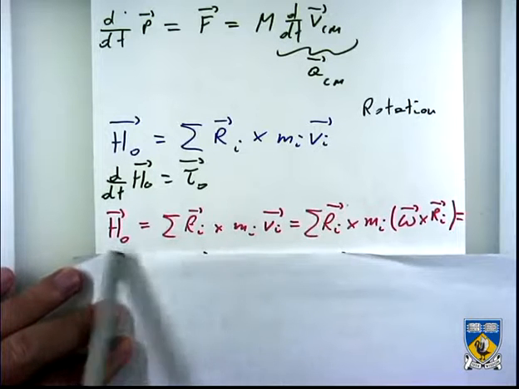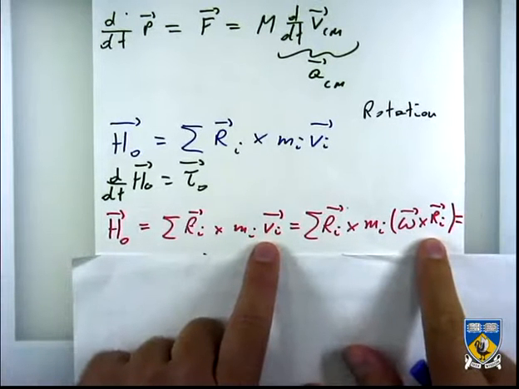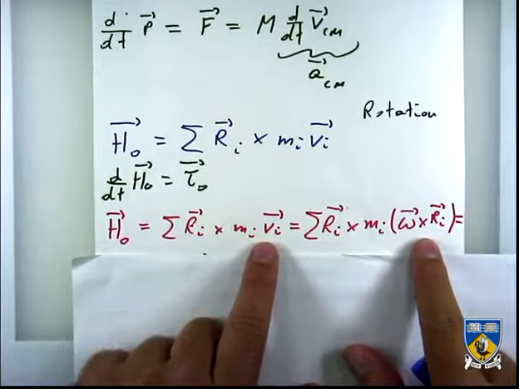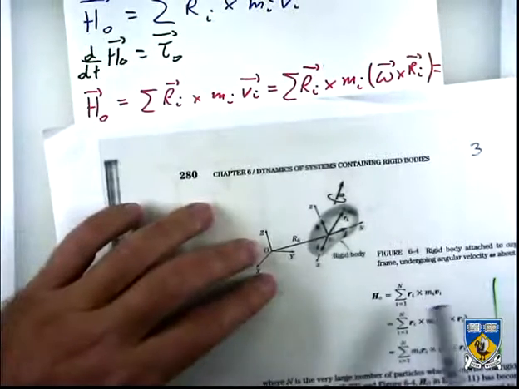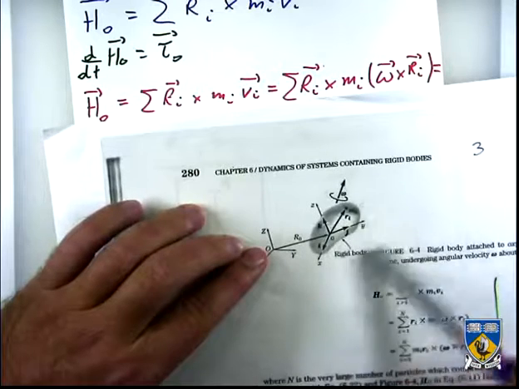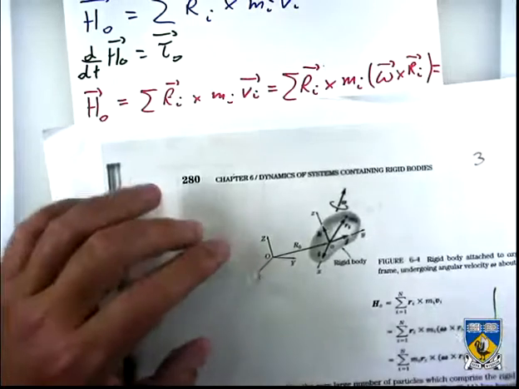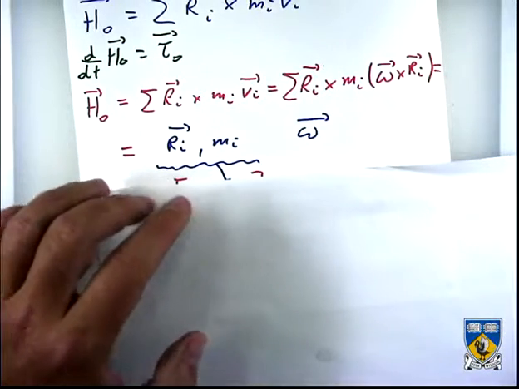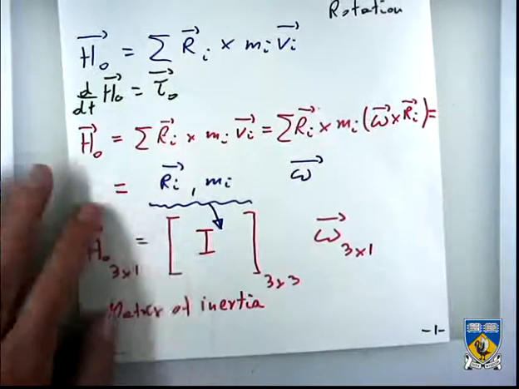Now, this H thing is this. Velocities can be written down as angular velocity times radius, right? If we look at this picture here, the velocity of any point will be the angular velocity multiplying the arm, right? So this we know from primary school.